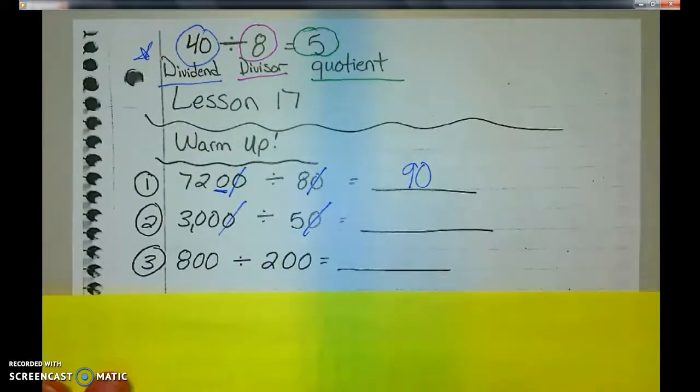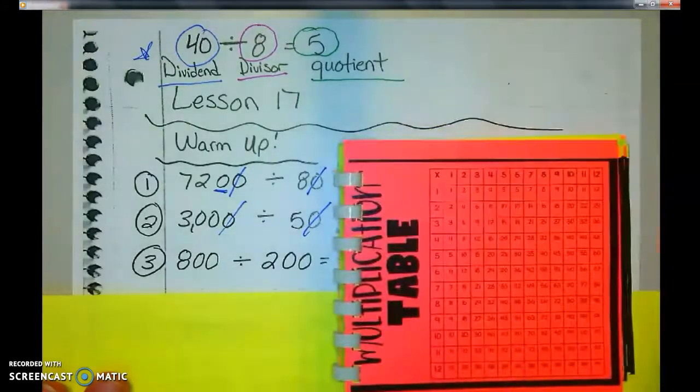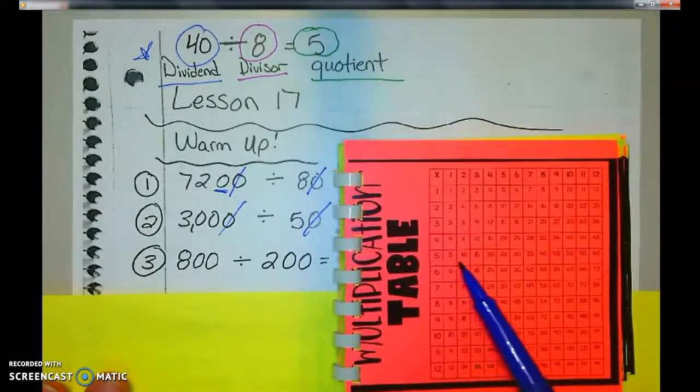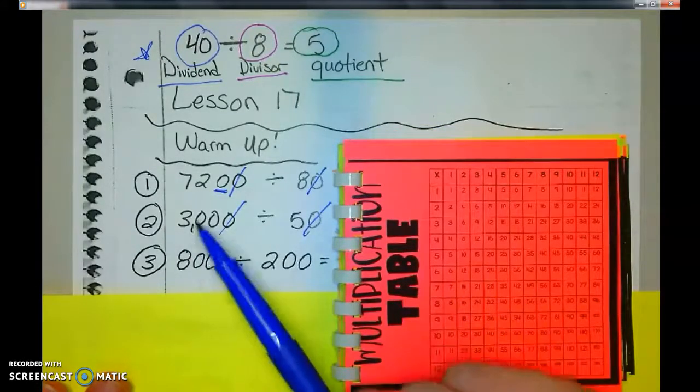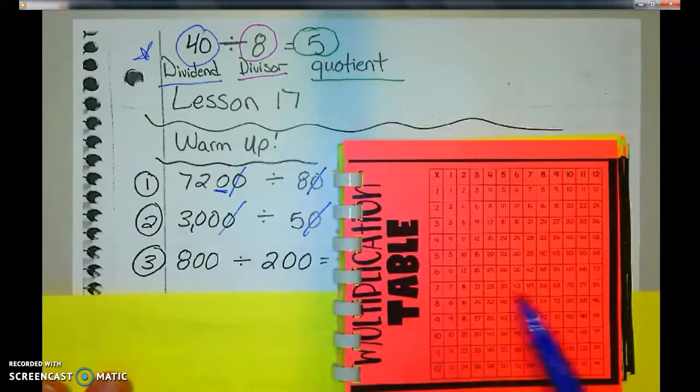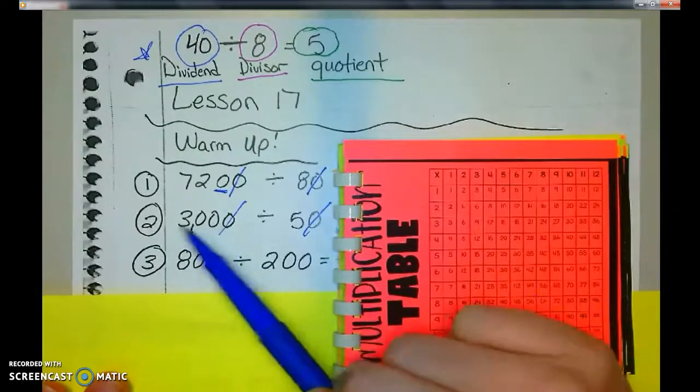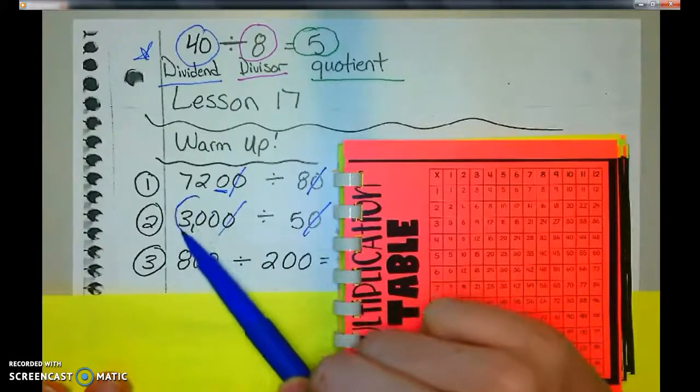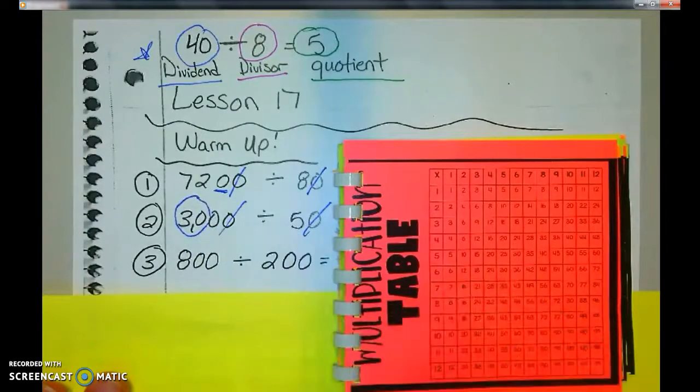Well, if I look at my 5 times tables, and I go over, and I'm looking for just a 3, I'm not going to find anything because 5 does not go into 3. But as I keep going, I do notice it goes into 30. So I'm going to look at this as 30 divided by 5.